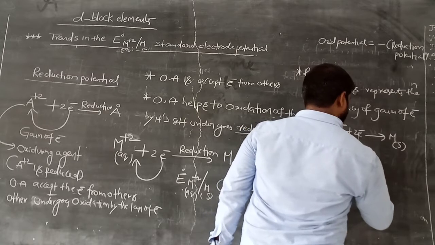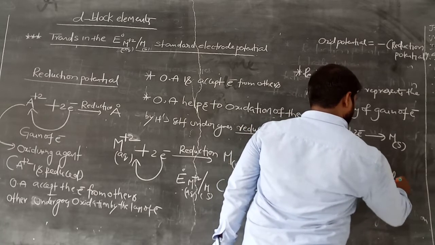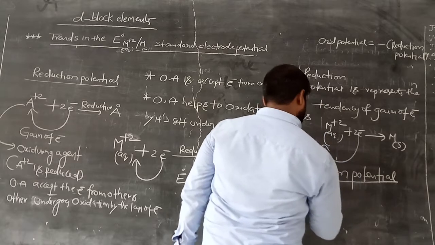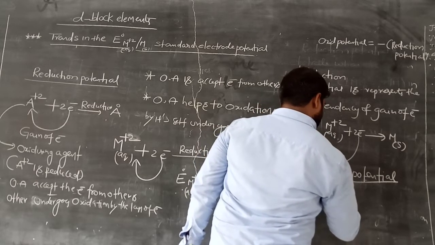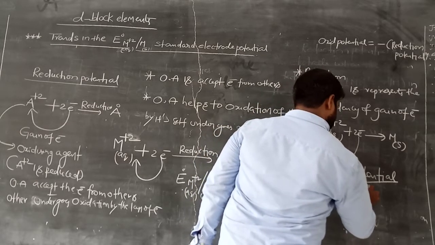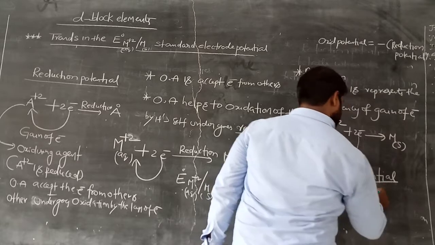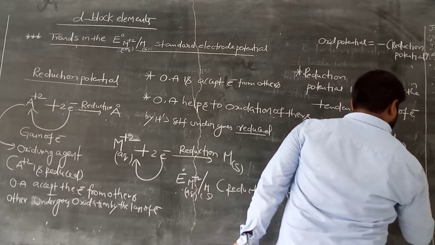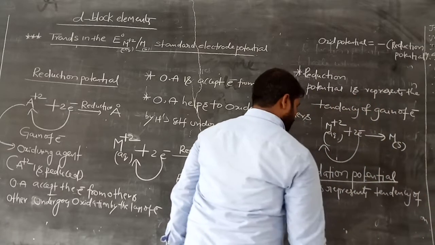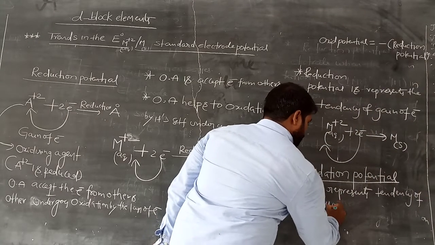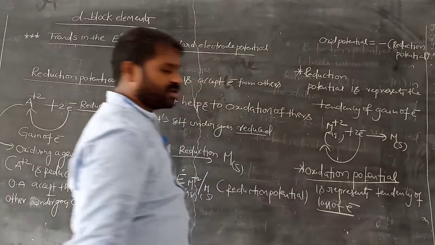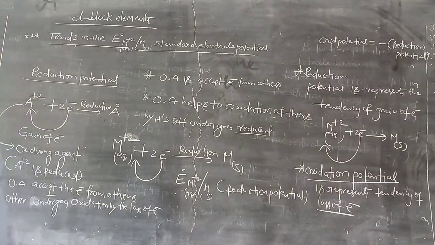Oxidation potential represents the tendency of loss of electrons. Clear?